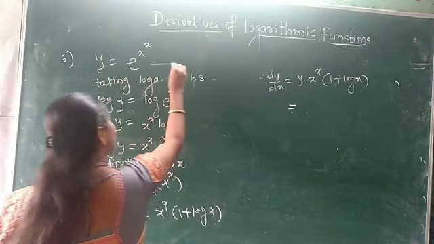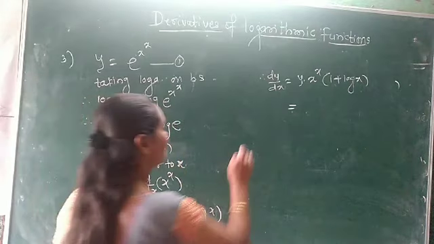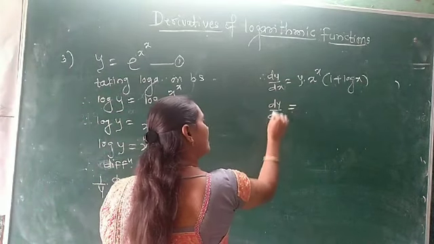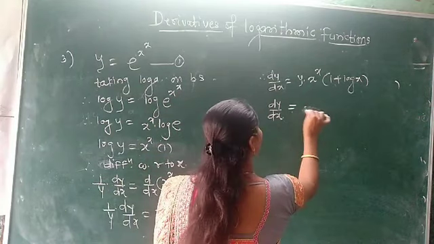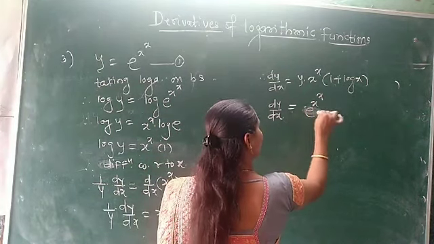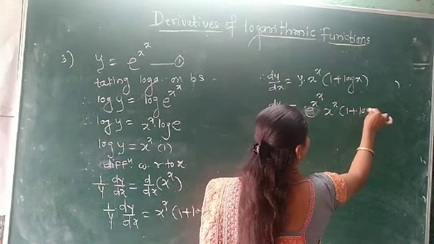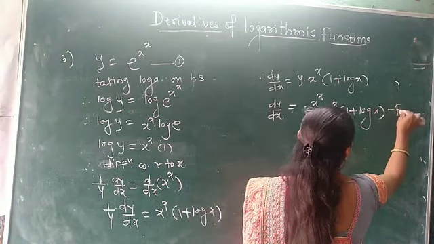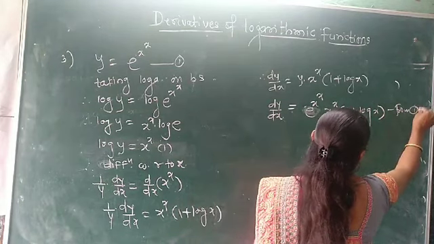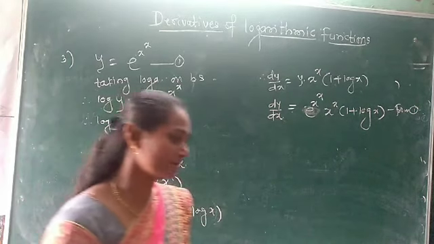And again by equation 1, write the value of y. Therefore, dy upon dx is equal to e raised to x raised to x into x raised to x into 1 plus log x. Right here from 1. This is our question number 1.